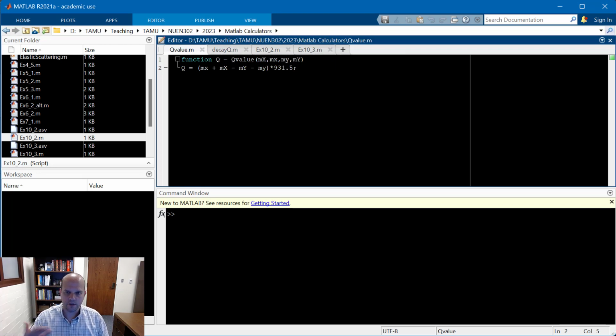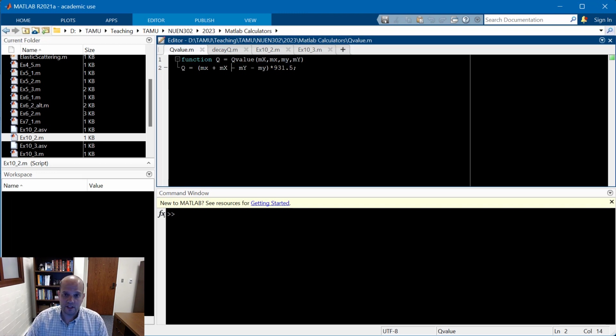All it did, and this was something that we created early on in another lecture, is take the masses of its two reactants and two products, and I just take the reactant masses and subtract the product masses from that, and this 931.5 is what's going to give me this value in units of MeV.